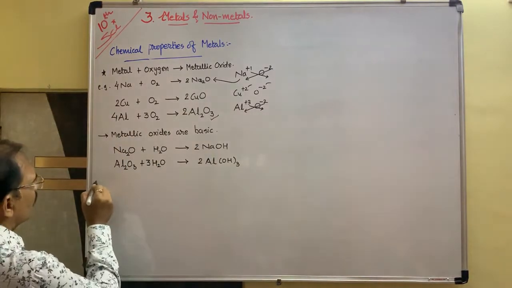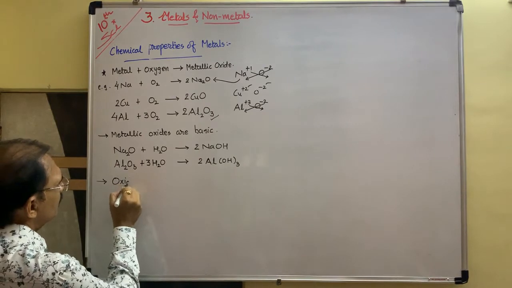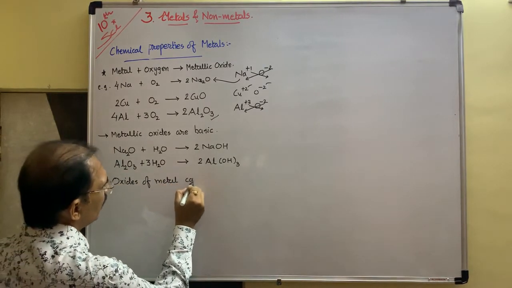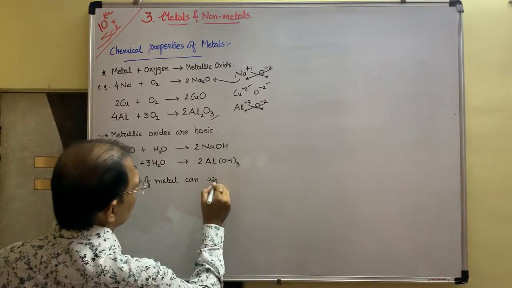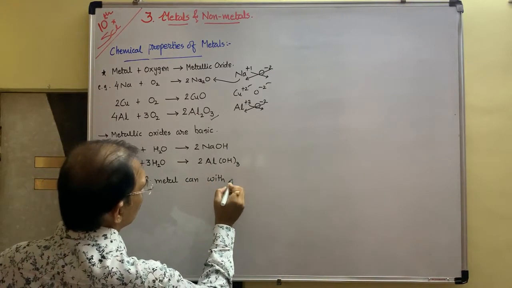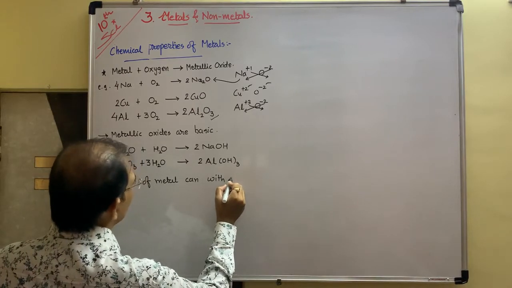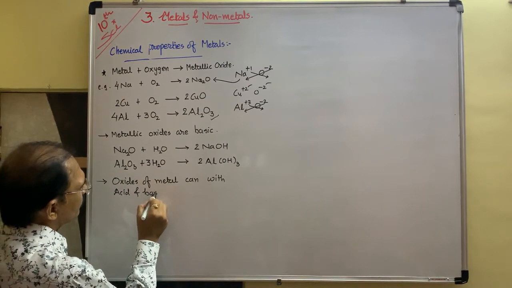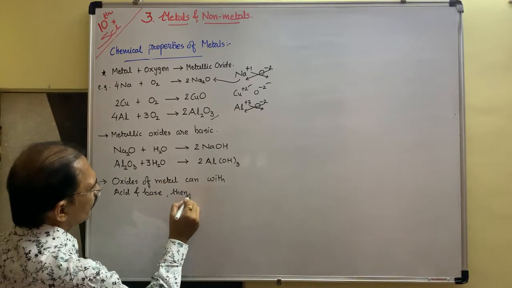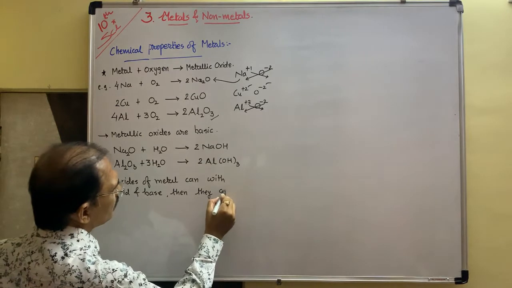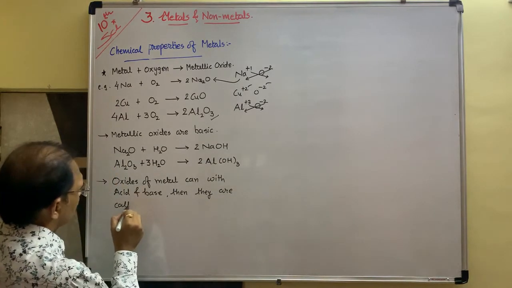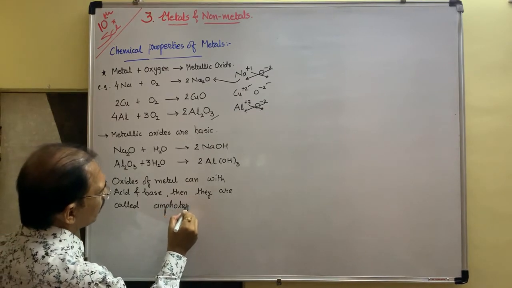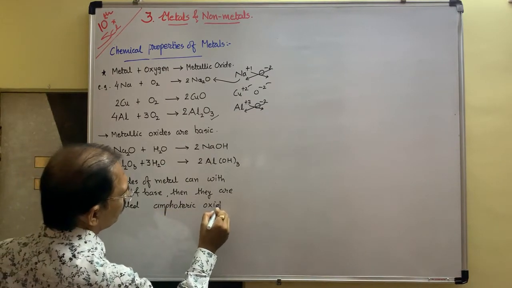See, oxides of metal that can react with acid and base are called amphoteric oxide.